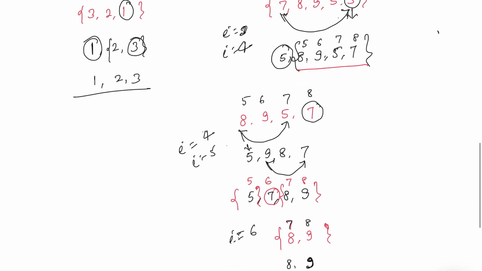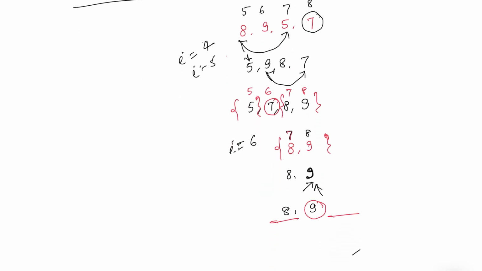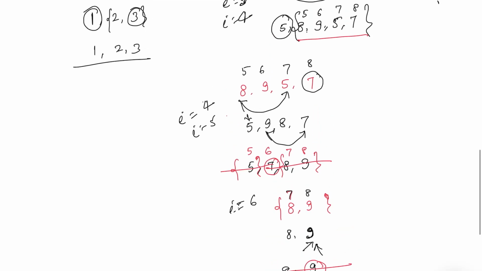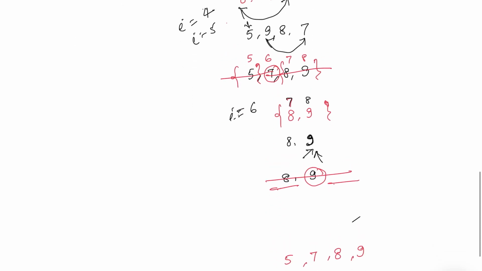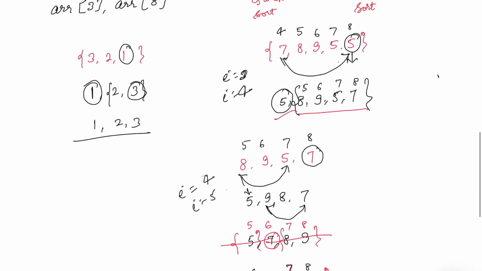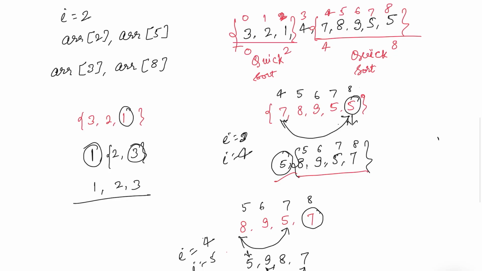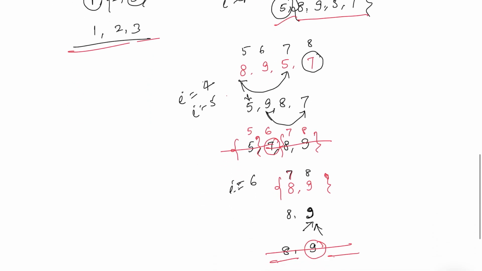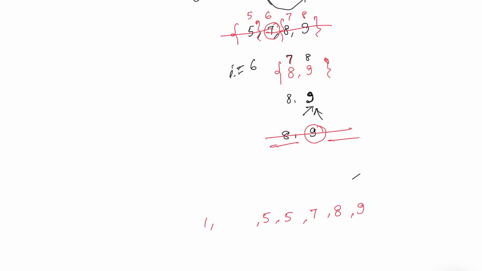See here 8 9, after this 7 7 8 9, after this 5, and again there was one more 5. So 4 elements, and 3 to 1 here has already been sorted, 1 2 3, 1 2 3. So this is sorted. This has been sorted using the quicksort algorithm.